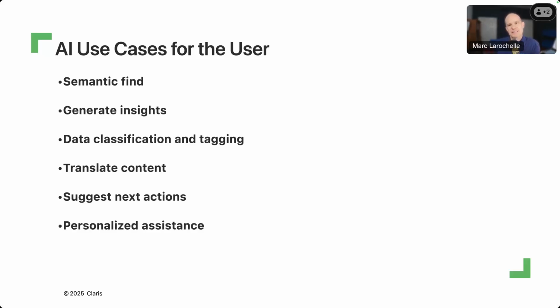Personalized assistance. This is the idea of answering the question, what's in my database? And you'll see an example of this too. This is really brought home with Perform SQL Query by Natural Language. That's a script step that was introduced in FileMaker 2025. It allows you to ask a question in natural language. It goes into your data and does a local SQL query. It actually finds your data locally.